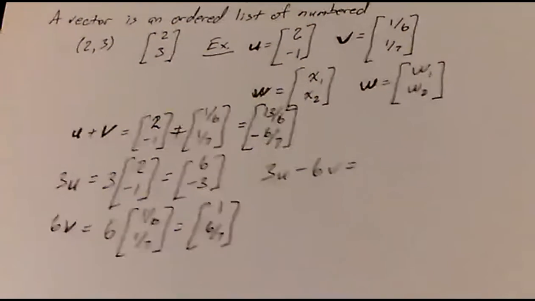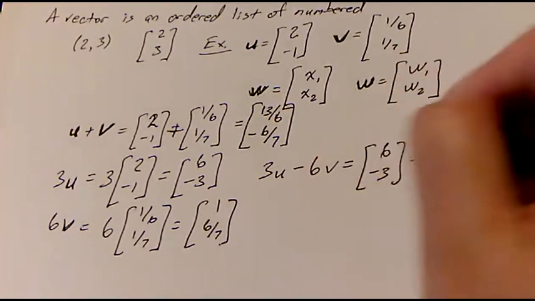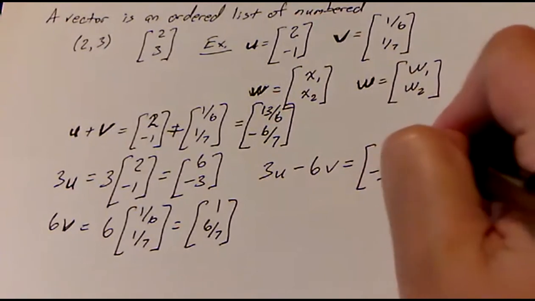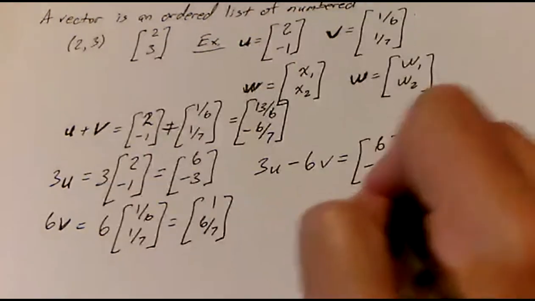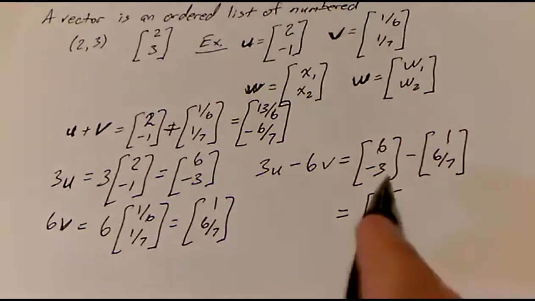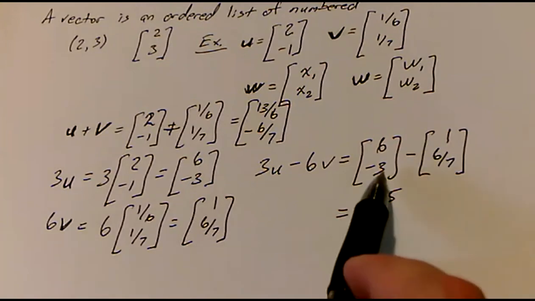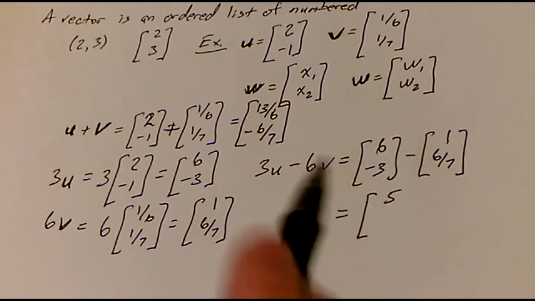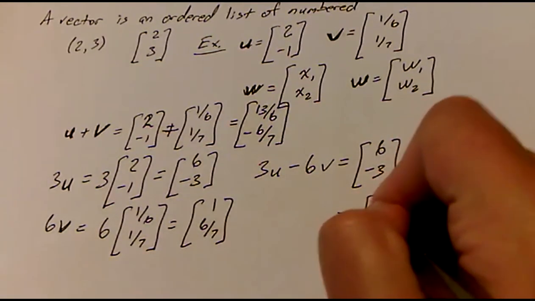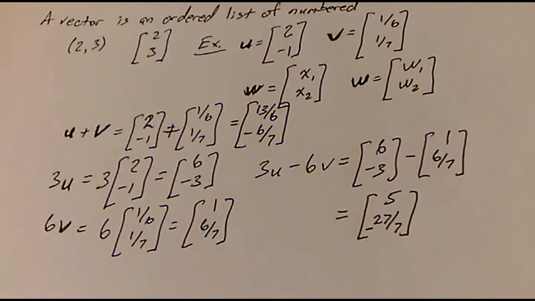So if I do 3u minus 6v, I'm going to take 3u, which was 6, -3, and subtract 1 and 6/7. So 6 minus 1 would be 5, and -3 minus 6/7. Remember, -3 in terms of sevenths would be -21/7. If I take away 6 more, then I'm going to be at -27/7. That would be adding and subtracting vectors.